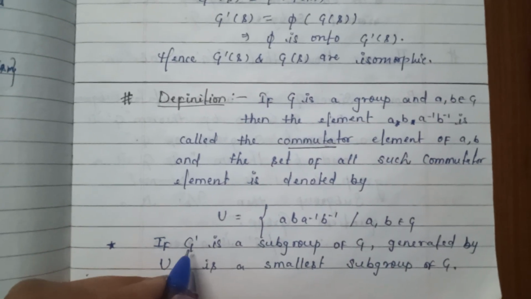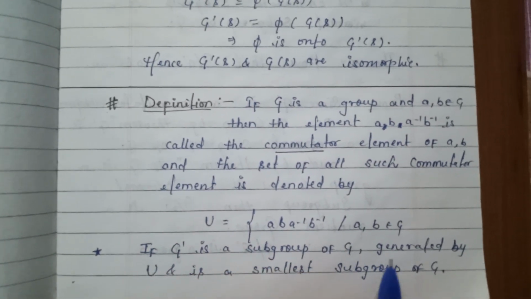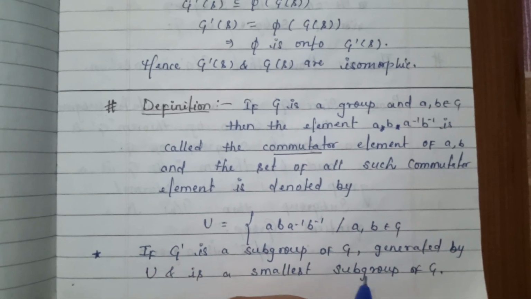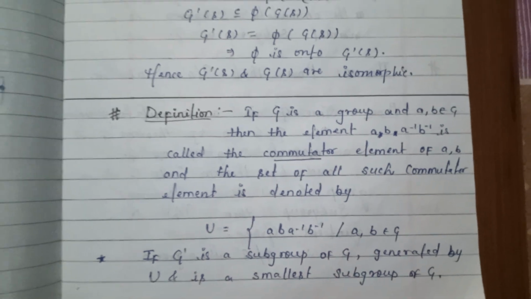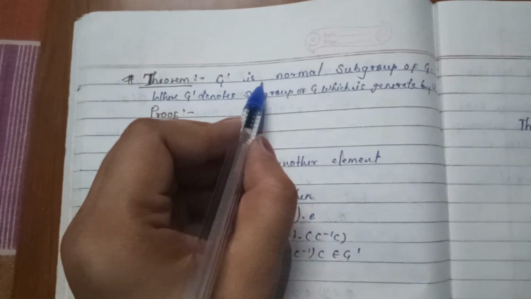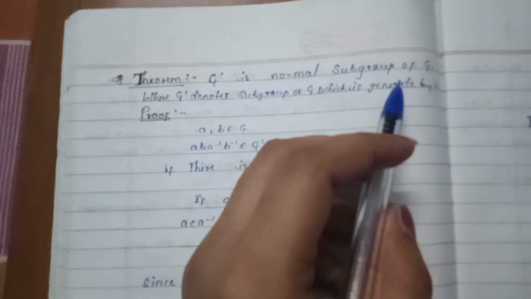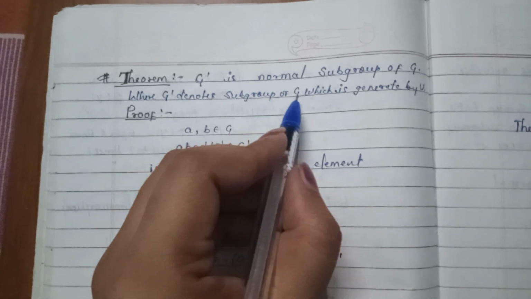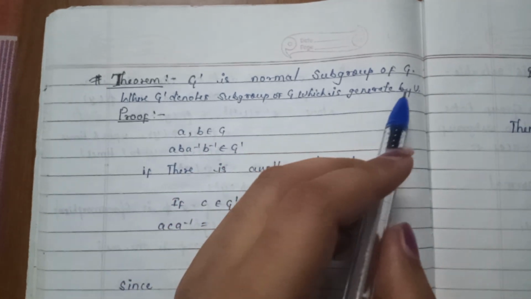If G dash is the subgroup of G generated by U, it is the smallest subgroup of G containing U. Now there is another theorem: G dash is a normal subgroup of G, where G dash denotes the subgroup of G which is generated by U.